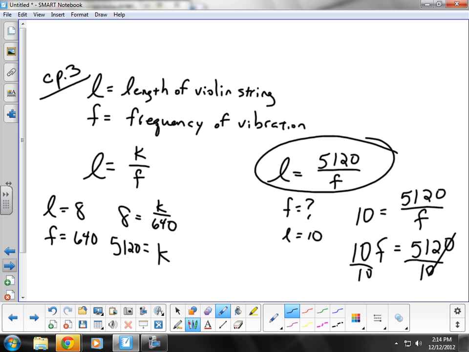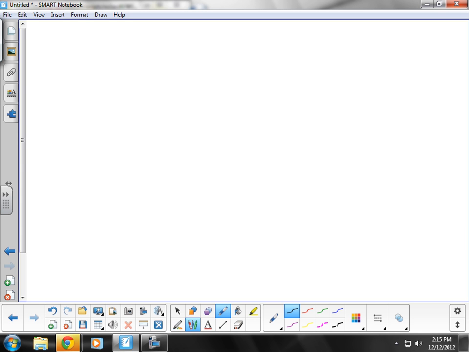Okay? So, direct variation means it's k times x. Inverse variation means it's k divided by x. All right? And I have two other types of variations, and we're through with this section.